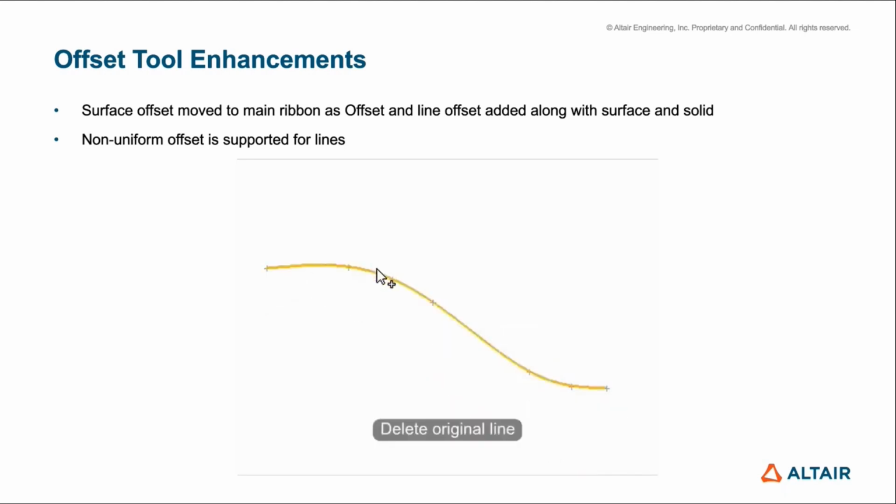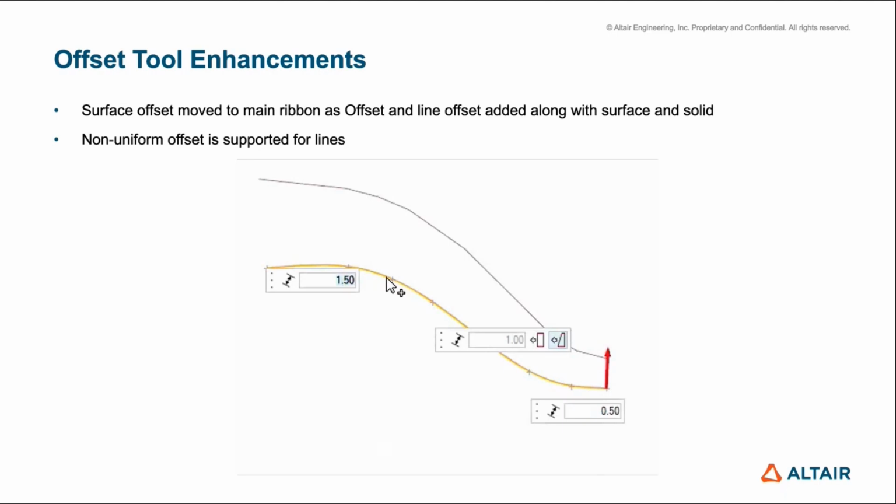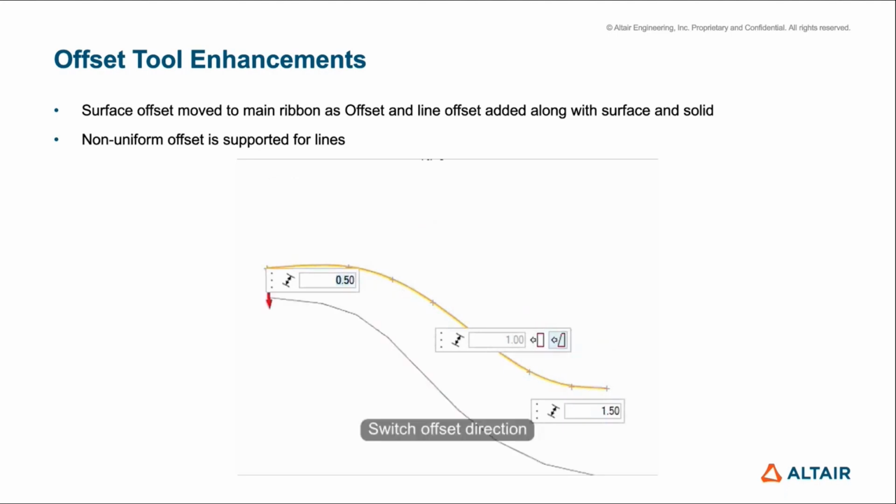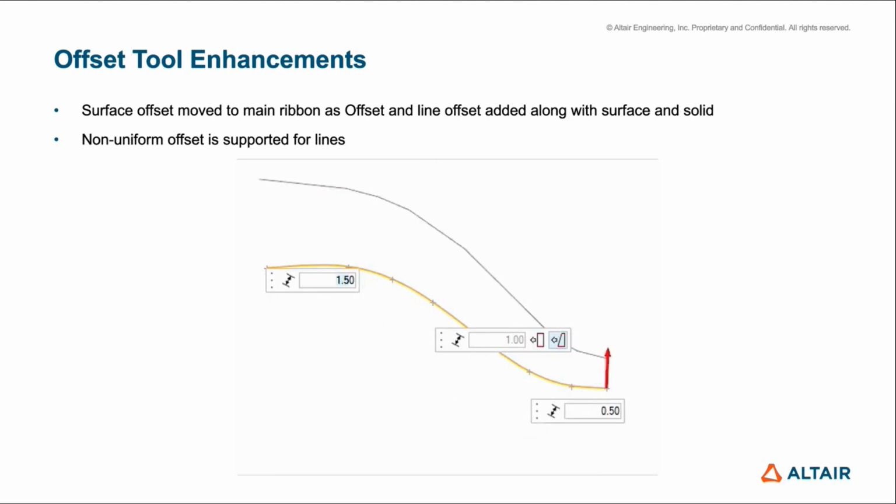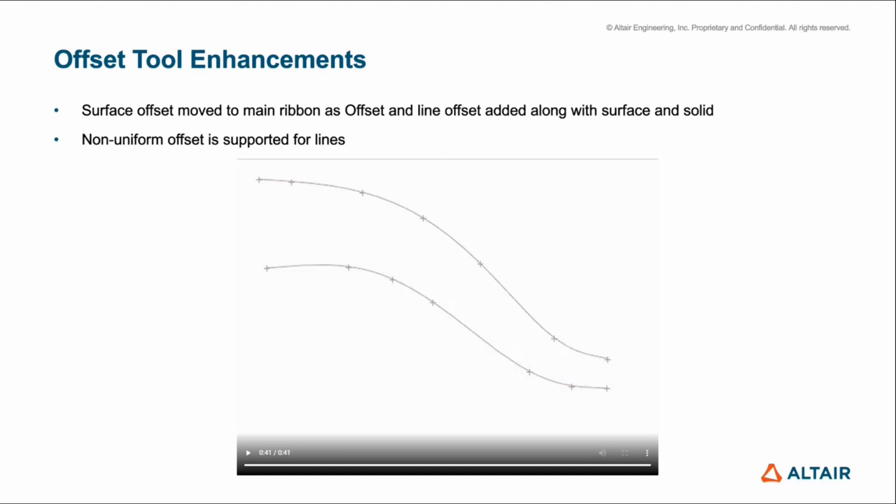So here, as the video shows, there are different options from the panel that are supported, such as non-uniform offset, deleting the original line or reversing the direction of the offset, and so on. So again, all of these options from the panels are now transferred under this tool.